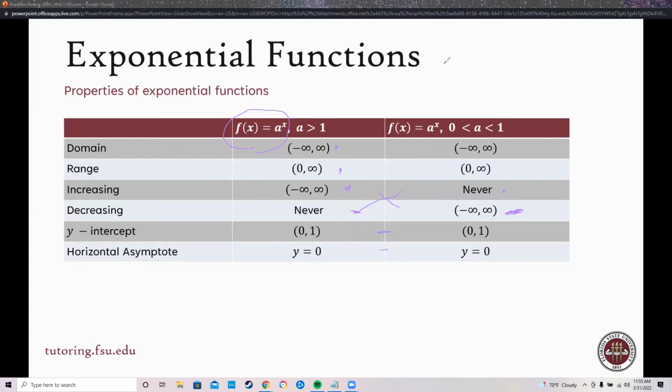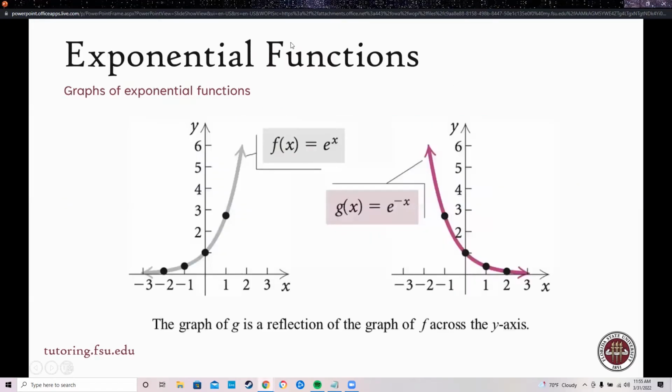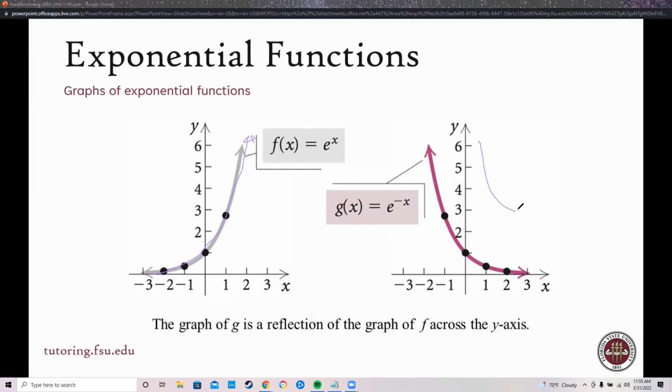So what does that look like as a graph? It's something like this. Here, a is greater than 1, and we are growing and increasing exponentially upward. Here, a is less than 1, and we are decreasing on the domain. This is just the inverse of e to the x.